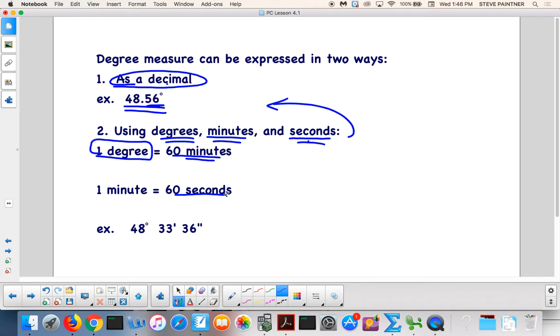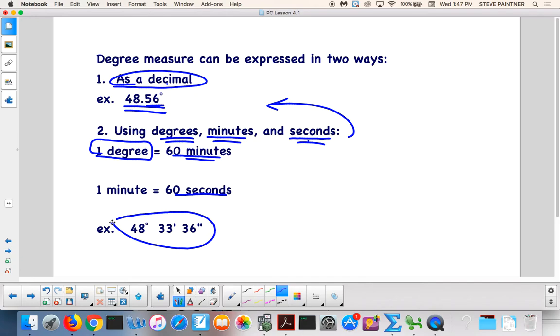If 60 minutes is 1 degree, can't it just be an hour? Could be, I suppose. But degrees are 360, so that's why it gets weird. Our circle is. Anyways, if you read this to yourself, it's 48 degrees, 33 minutes, 36 seconds.